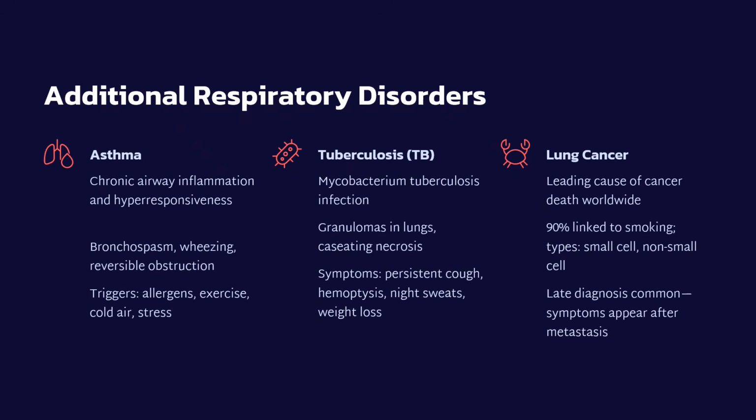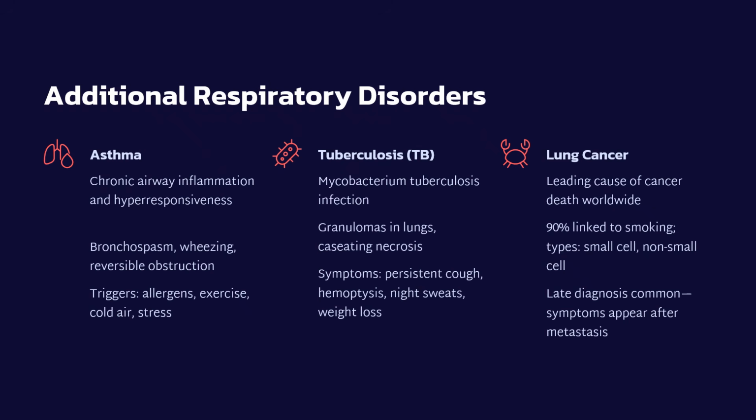Another respiratory disorder we have is asthma. It is a chronic airway inflammation and hyperresponsiveness. Asthma, which is common in childhood, has signs and symptoms that include bronchospasm, wheezing, and reversible obstruction.